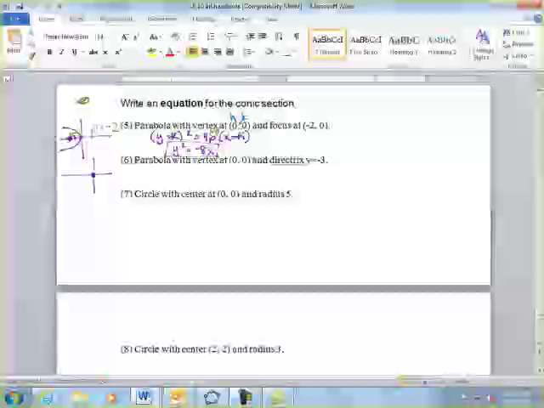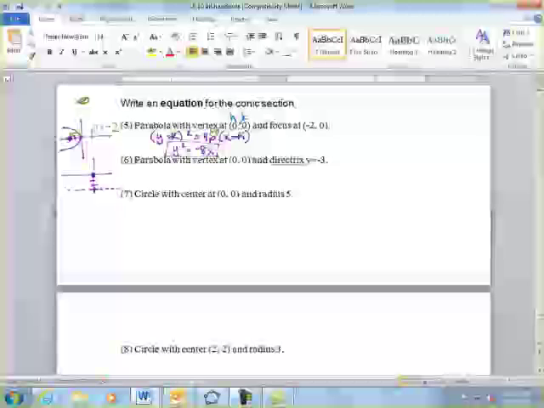Horizontal. Y equals -3 is the line where y is always -3. So that means it doesn't matter what x is. We need a height of -3. So is it horizontal or vertical? Horizontal. I need a height of -3 always.